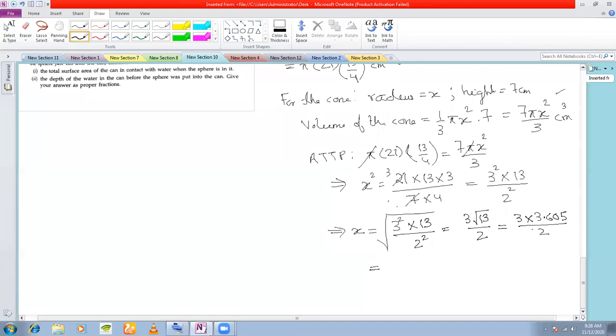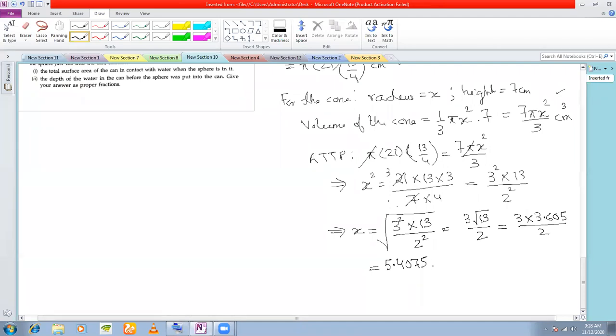If you multiply this 3.605, you will get this as 5.4075.